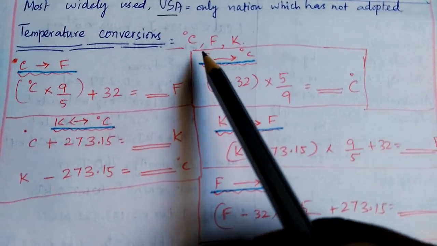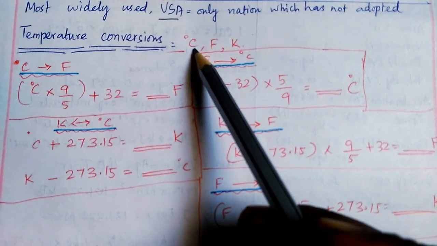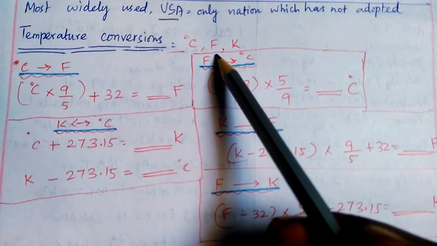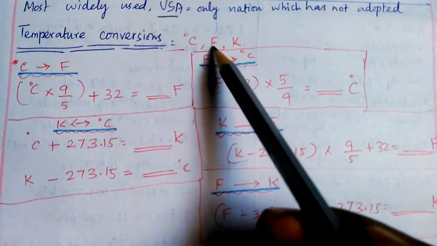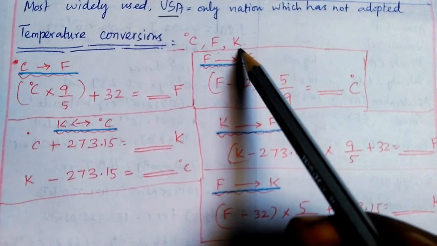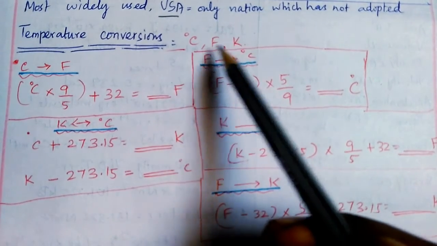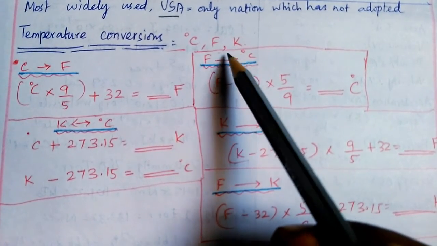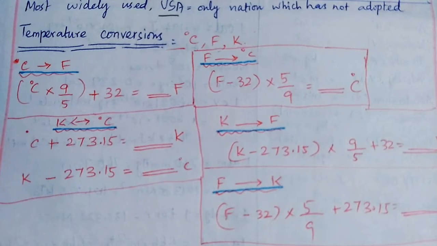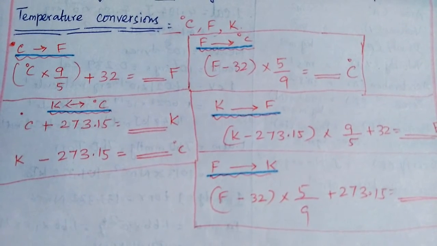There are different units: degree Celsius, degree Fahrenheit, and Kelvin. These are the main three units which are used to measure temperature.